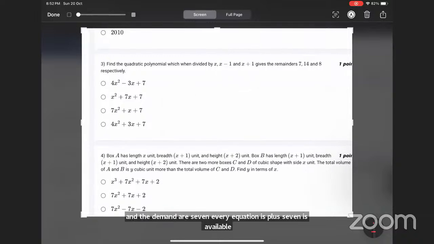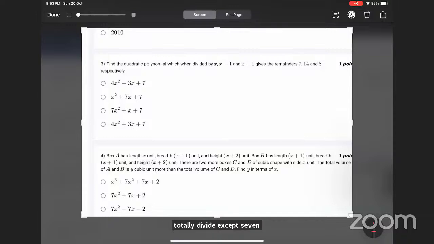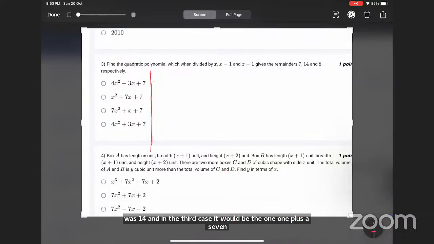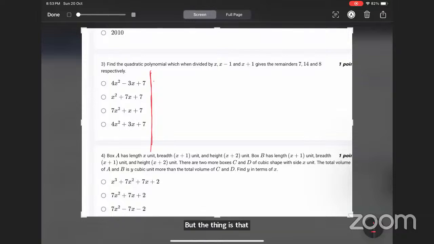So either it will be totally divisible except 7, or for the 14 it will divide by 7 but except 7 the remainder will be 7, and in the third case it will be 1 plus 8. Can I share my idea, ma'am? Yeah, sure. Check every option now, and whichever gets the remainder will be the option, ma'am.